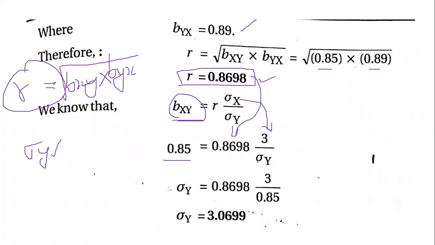Here they have exchanged the places. Standard deviation of y goes to the other side and 0.85 comes here. So 0.8698 into 3 by 0.85 gives us the standard deviation of y as 3.0699. So we found the value of r and the standard deviation of y as per the question asked.